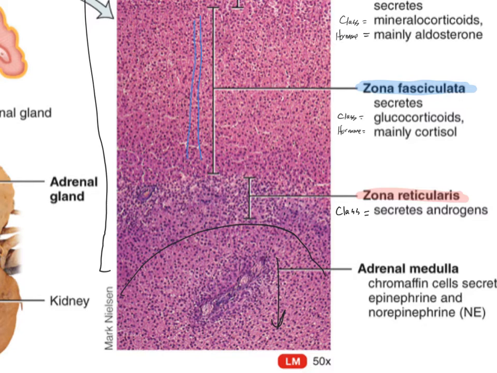And one of the major hormones is going to be dehydroepiandrosterone, DHEA. Now, this hormone is in such small quantities that we really term it, and we're going to write, insignificant.